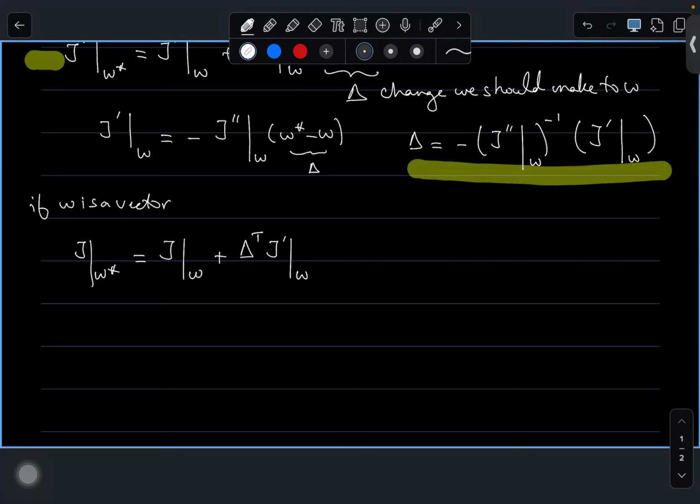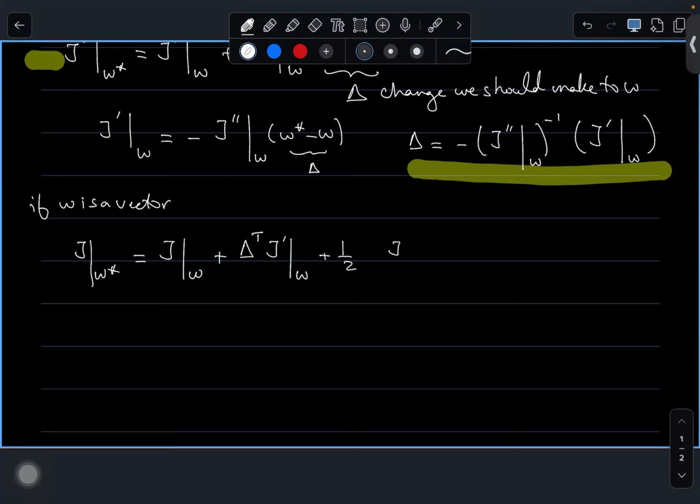Did you understand it? Does that make sense, what I just did? So J is a scalar. The derivative of J with respect to W is a vector of size W. So that first derivative, J prime with respect to W, is a vector of size W, and I have to multiply it by delta. Delta becomes a transpose. Now I get a scalar. That's J. And I have the second derivative, 1/2.